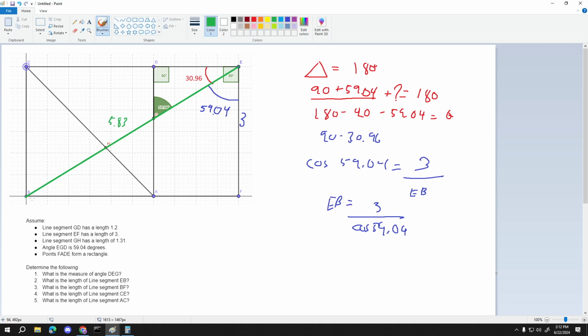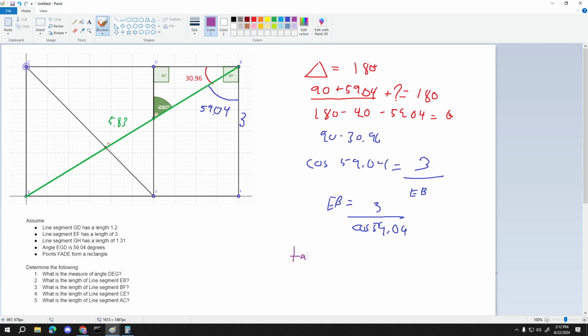So we have B here, F is here. We have our angle here again. We have adjacent, which is 3. We can use this if you want, or we can just use whatever we have, which is our adjacent here. And what we need is opposite here. So remember, tangent is opposite over adjacent.